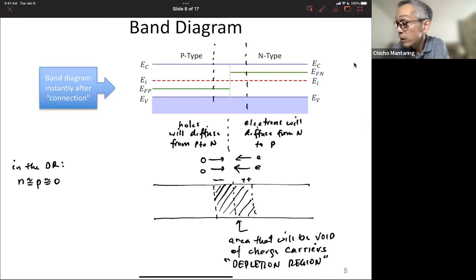So, kakaroon na ako ng electric field here. Okay. What will happen when I have an electric field? Same question as earlier. What will happen if I have an electric field? If I have an electric field, there's going to be drift.